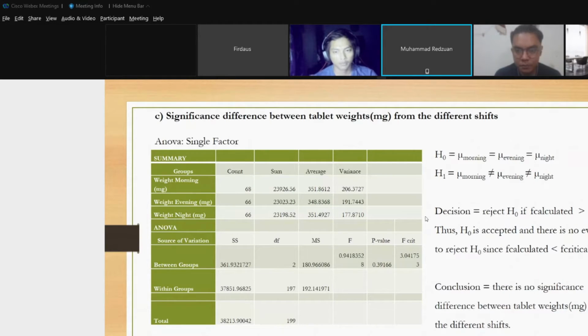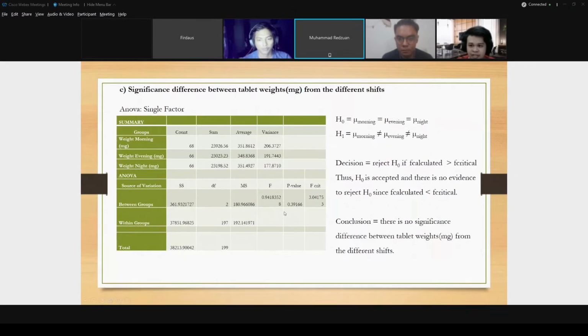Based on the result from one-way ANOVA, the F calculated is 0.9418 and our F critical is 3.0418. For the decision rule, we will reject our H null if F calculated is greater than F critical. Therefore, we will accept our H null since there is not enough evidence to reject H null, as our F calculated 0.9418 is smaller than F critical, which is 3.0418.